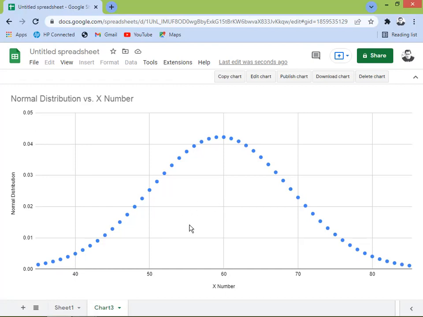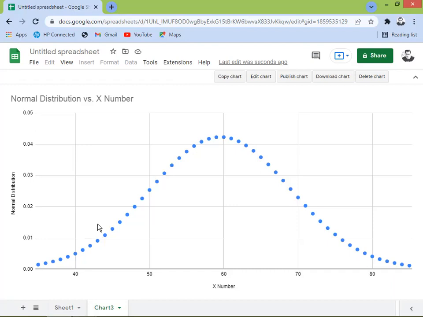On sigma 2, it would be 13.591% on the positive side, and on the negative side that would be 13.591% also.